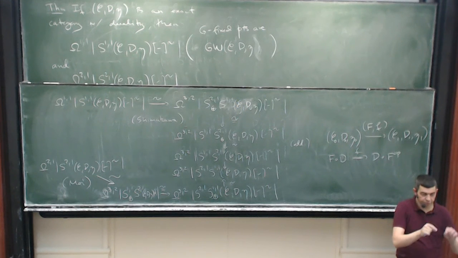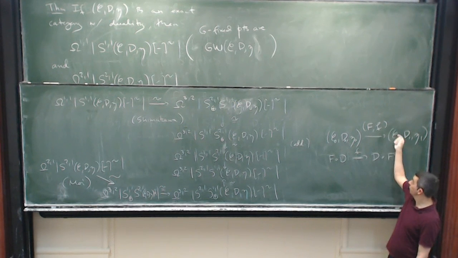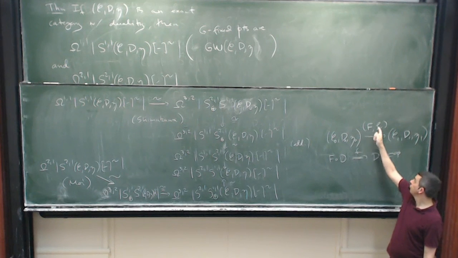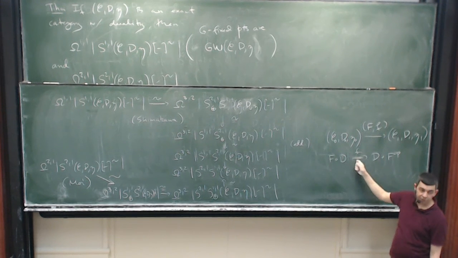It's an equivalence. That means you have a functor in the opposite direction, right? But you also need, what about that guy? I didn't say this is an isomorphism. It doesn't have to be an isomorphism.